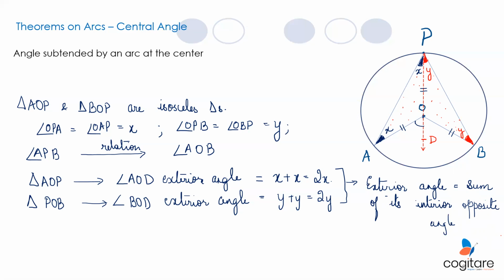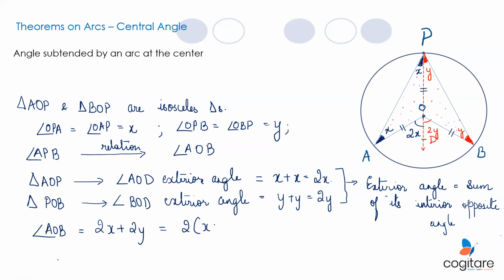Cool, they're in two different triangles. So can I write this as 2x and can I write this to be 2y? So knowing this, what is the measure of the central angle, which is AOB? Isn't this equal to 2x plus 2y?